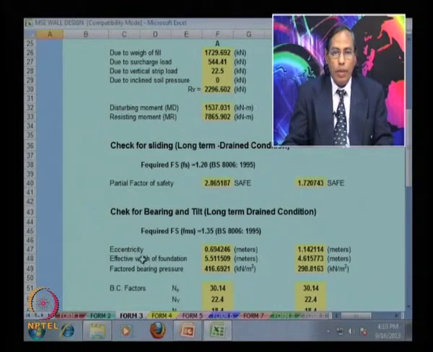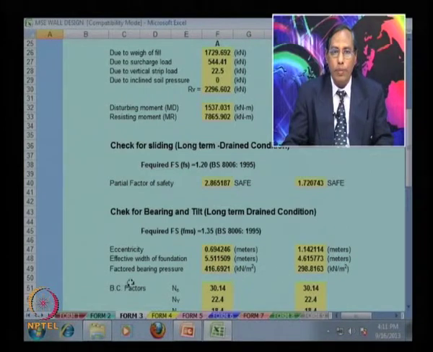Now as per Meyerhof distribution, you can calculate the eccentricity, and that is 0.69246 meter for A and 1.4114 meter for B. So the effective width of the foundation is 5.511509 and for B 4.615773.